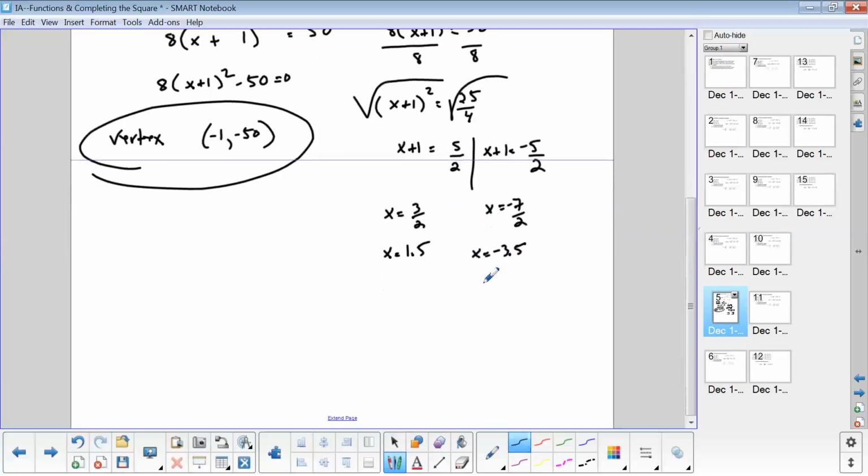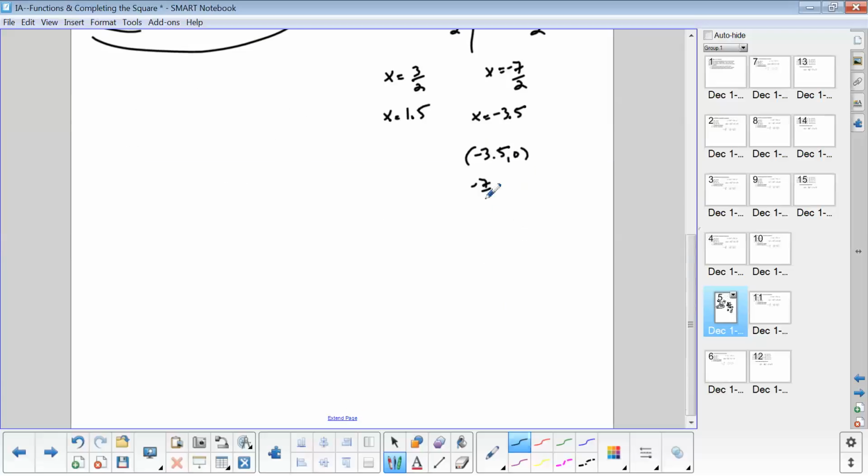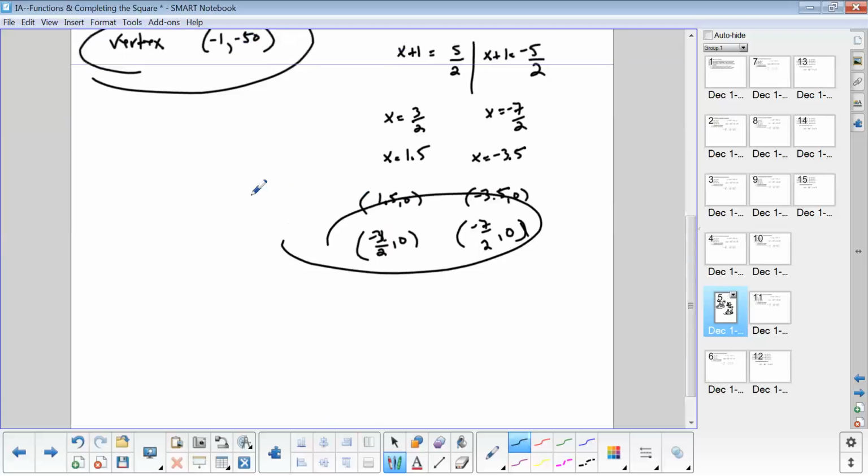So the solutions would be -3.5, 0, or -7/2, 0, if you want to work with the fractions. And here it would be 1.5, 0, or -3/2, 0, if you're working with the fractions. So there would be your solutions.